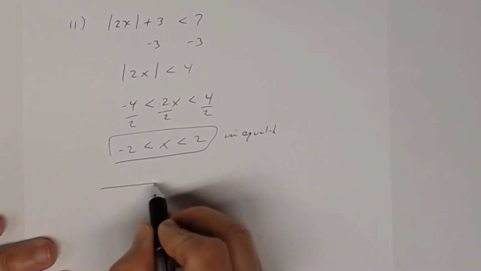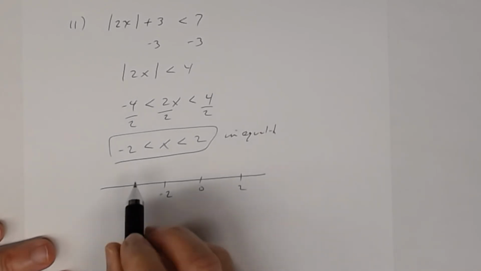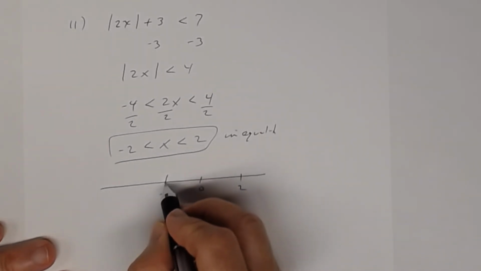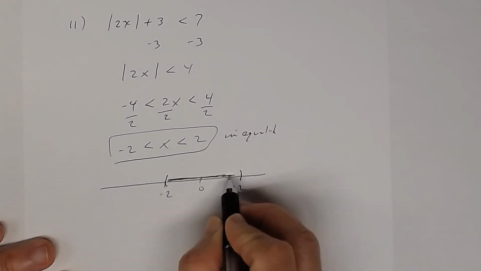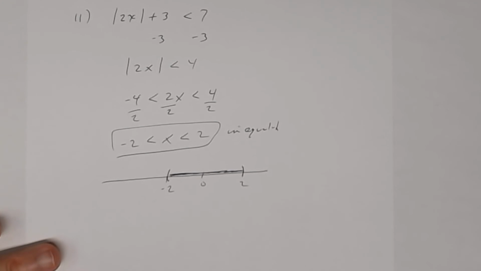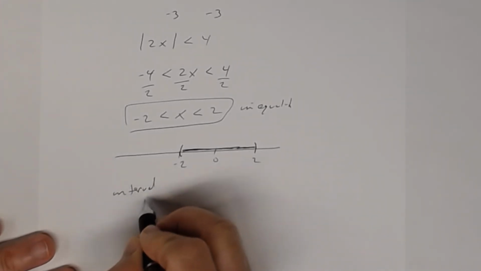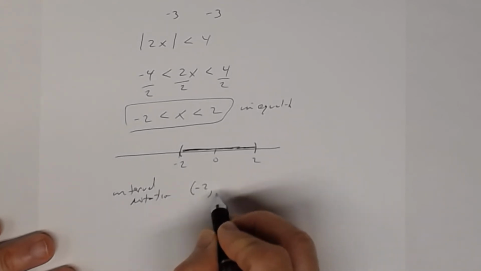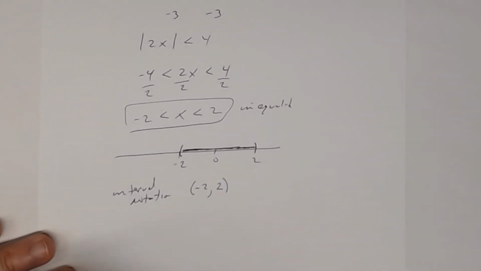In terms of the graph, here's 0, here's negative 2, here's 2. There are no equal signs, so it's all going to be parentheses. Shade in every number between negative 2 and 2. And in interval notation, you're going to say parentheses negative 2, comma, 2, parentheses. And that's it.